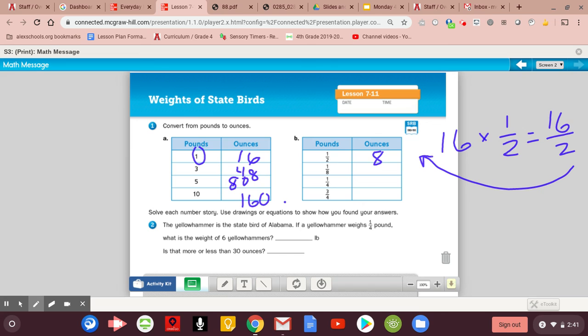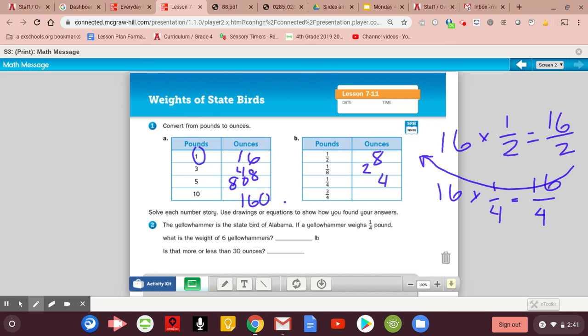So for our next problem, I'm going to do 16 times 1/8, or 16 divided by 8 to get 2 ounces in 1/8 a pound. Then I'm going to do 16 times 1/4 to give me 16 over 4, which can be simplified down to 4, because 16 divided by 4 is 4.